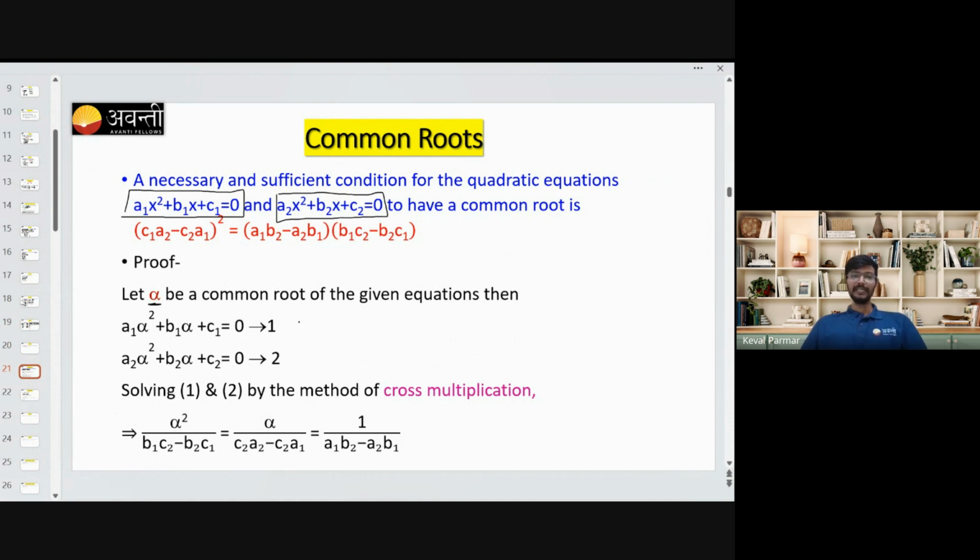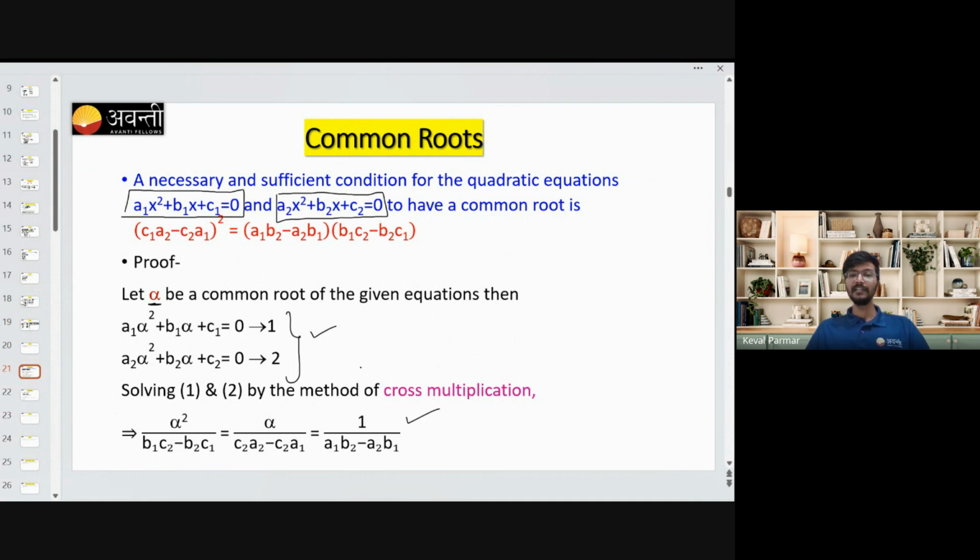That means we'll get these equations. Once we get these equations, what can we do, guys? We can solve them simultaneously for alpha. And after solving them by the cross multiplication method, I hope you remember this method from your school days, we get this.